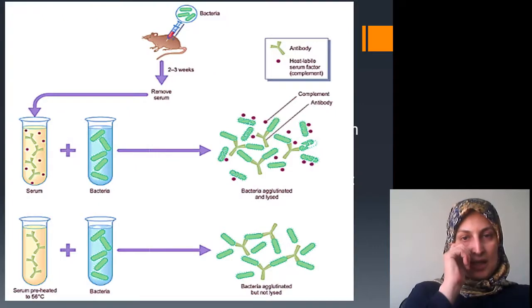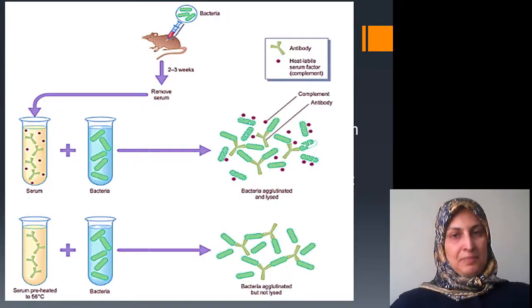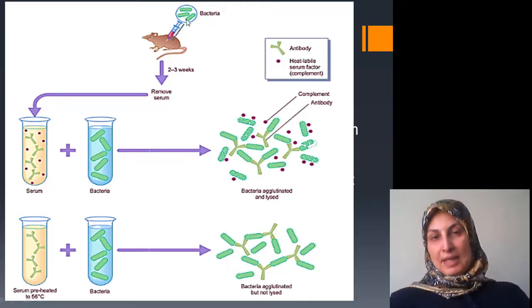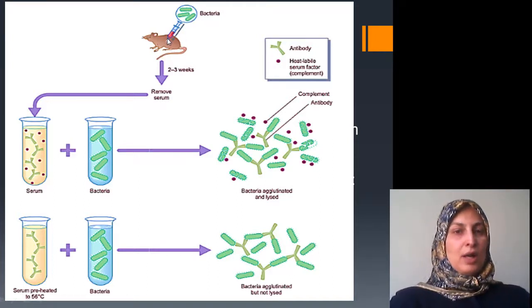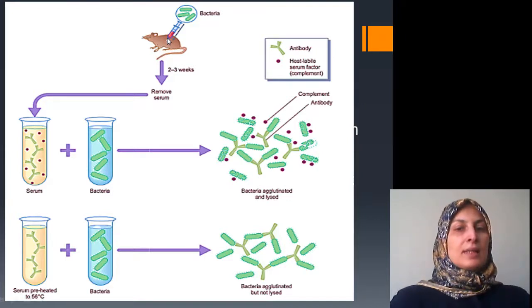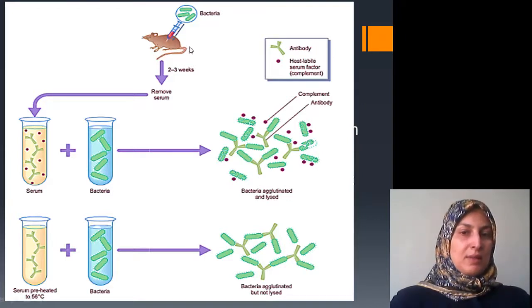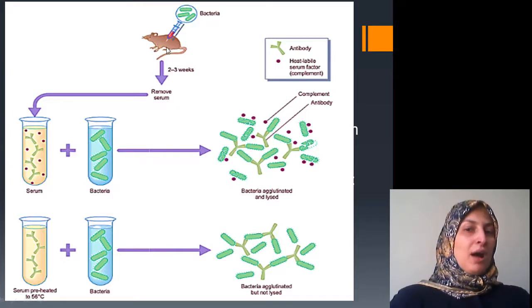This experiment shows the importance of the complement system. So if we injected bacteria into a mouse and left that for a couple of weeks, now the immune system in this mouse's body will form antibodies against this type of bacteria.